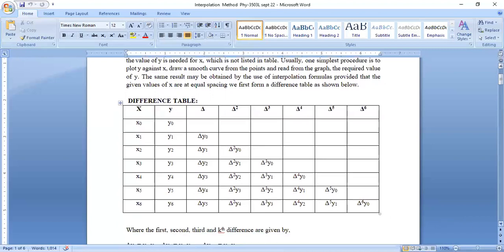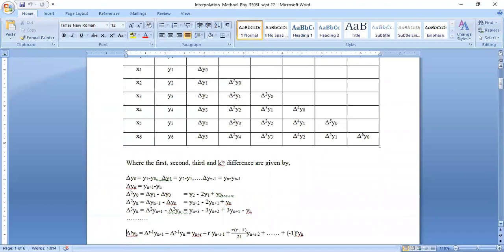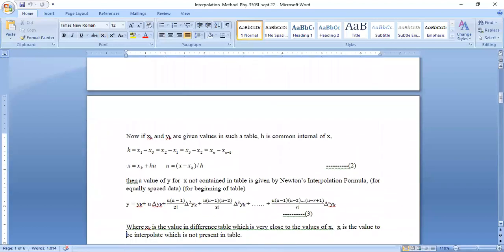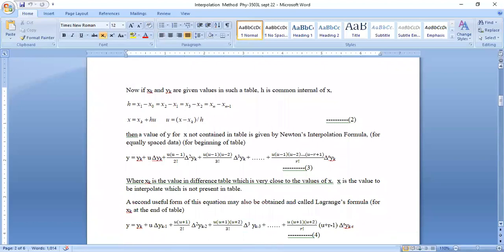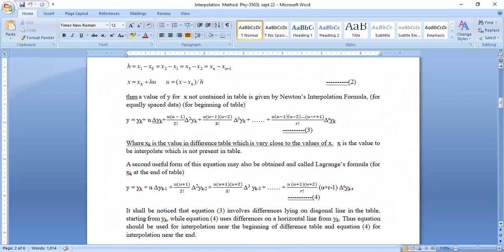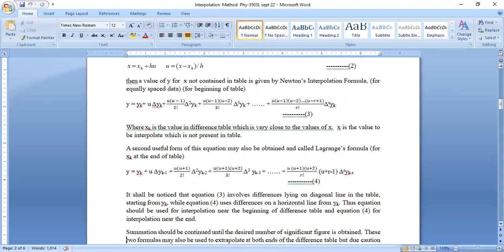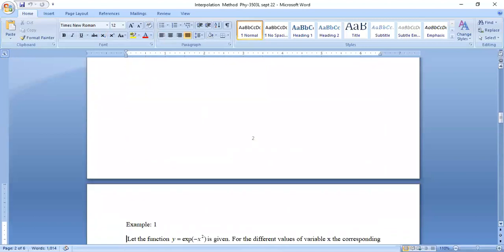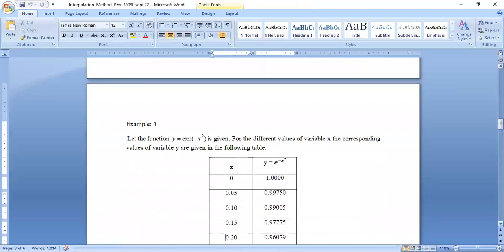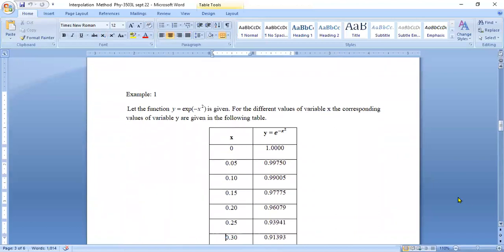So look at the first problem which I have selected here. Once you understand the forward and backward interpolation formulas, let us solve example number one. You have a function y equal to e to the power of minus x square, and for different values of variable x, the corresponding values of y are given.